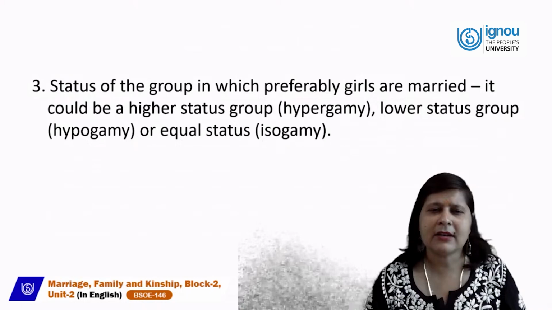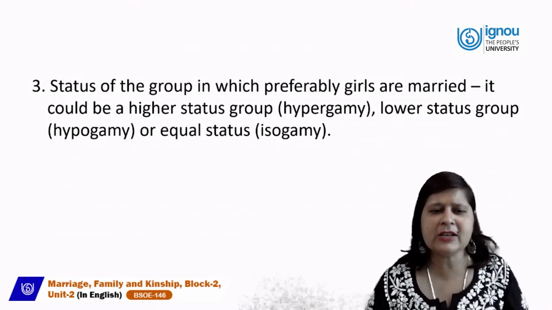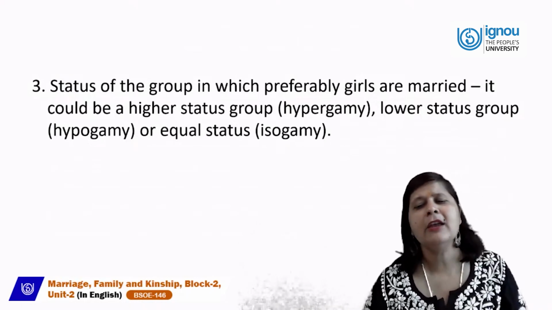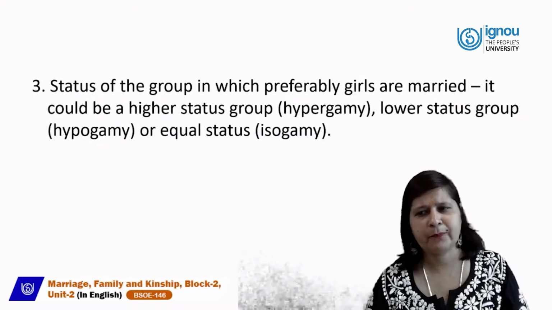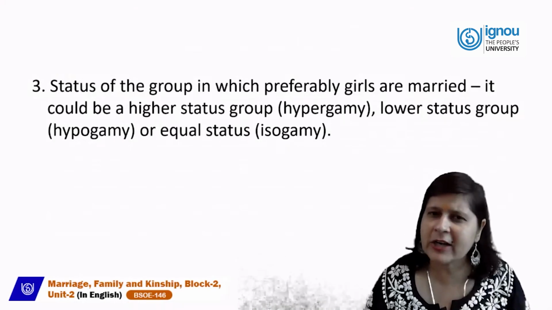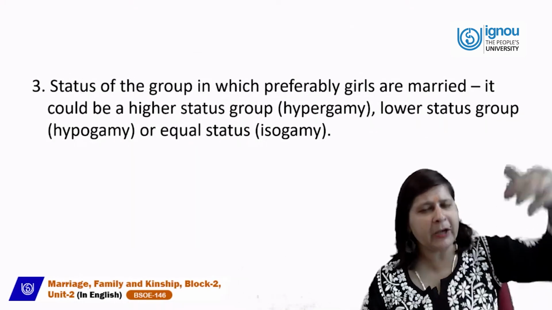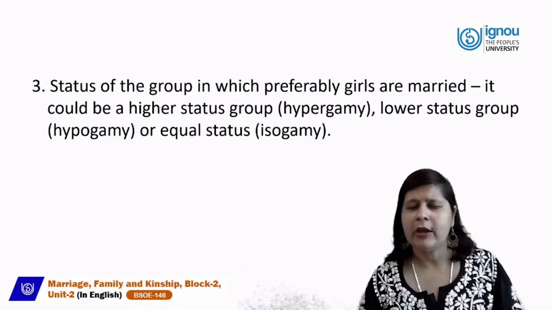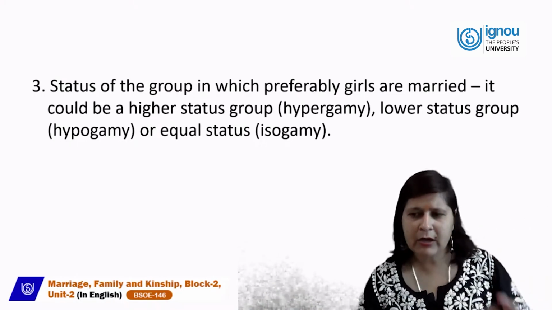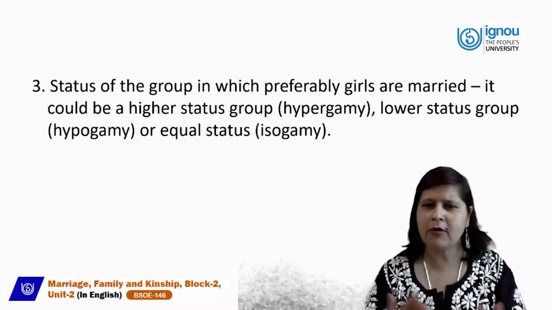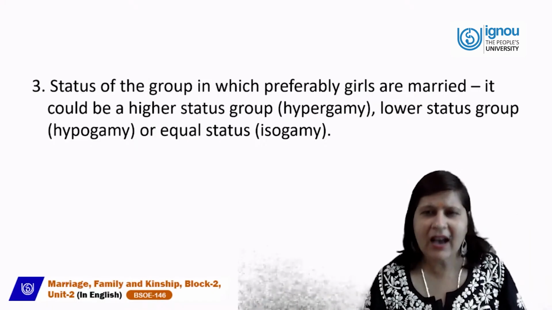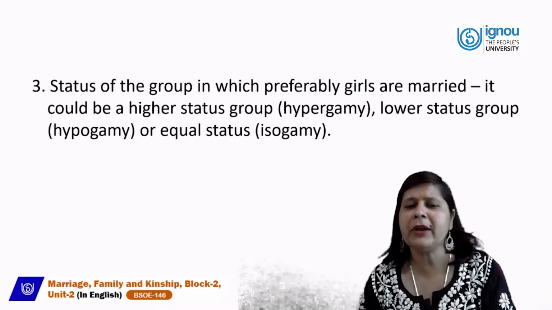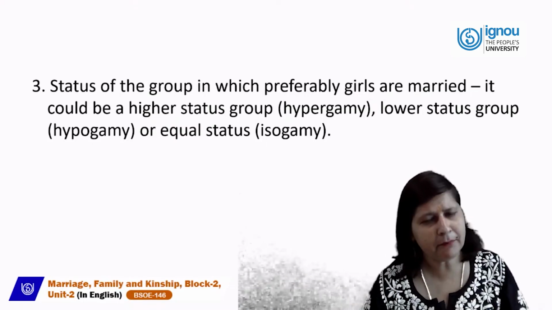Then the third rule is on the basis of status of group in which preferably girls are married, right? It could be the higher status group. If a girl marries into a higher status group, then that is known as hypergamy. If a girl gets married to a lower status group, hypogamy, or an equal status group, that is isogamy.